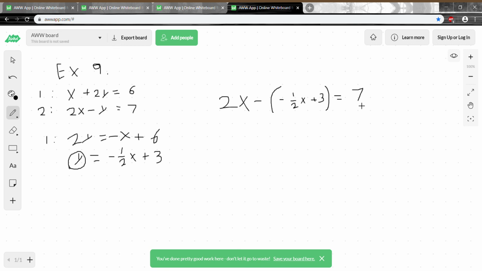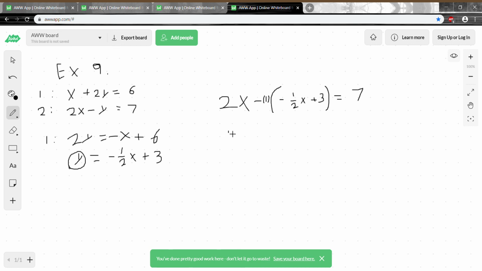So remember that since this negative sign is in front right here, it has to carry through the entire quantity, because this is basically a -1 being multiplied by the whole thing.